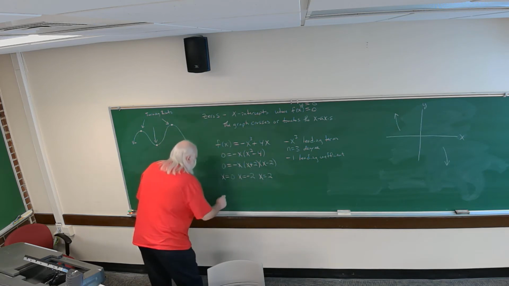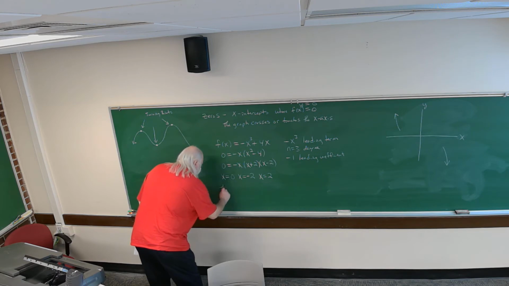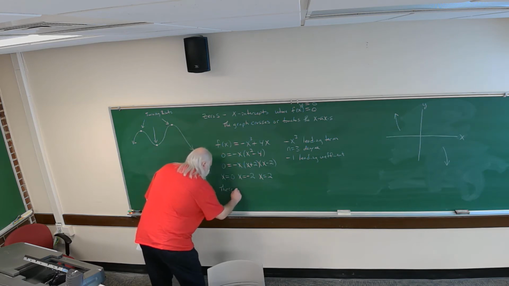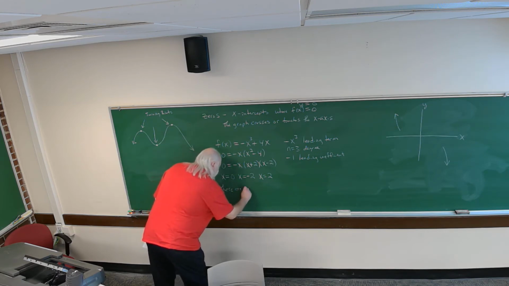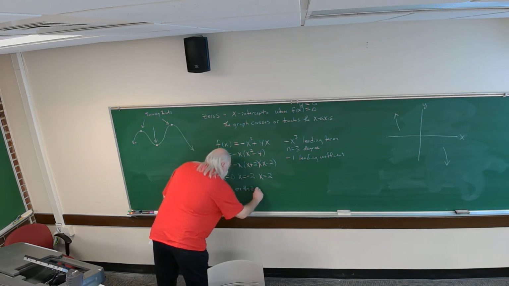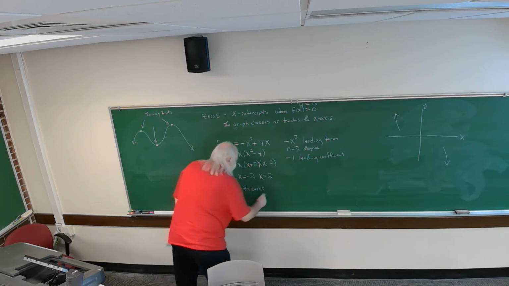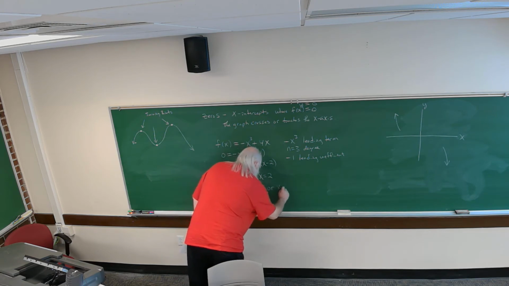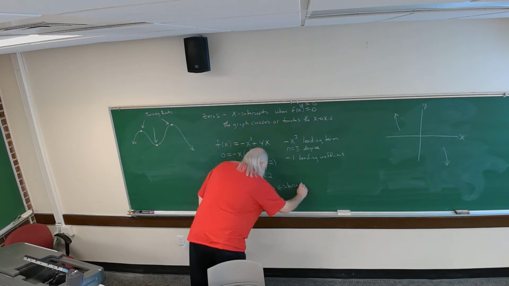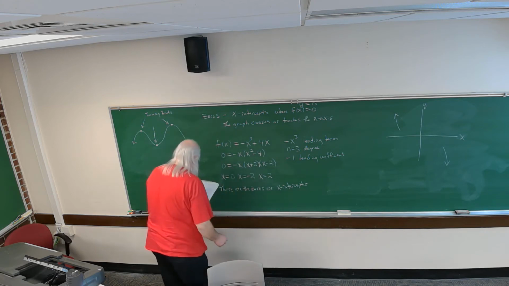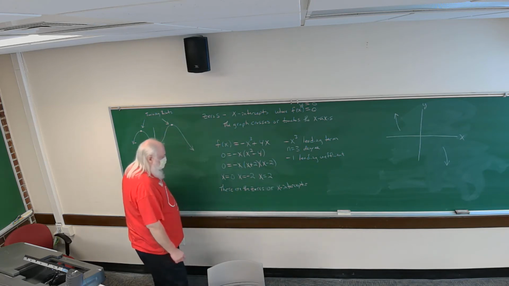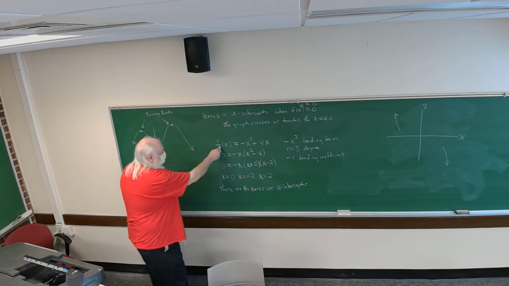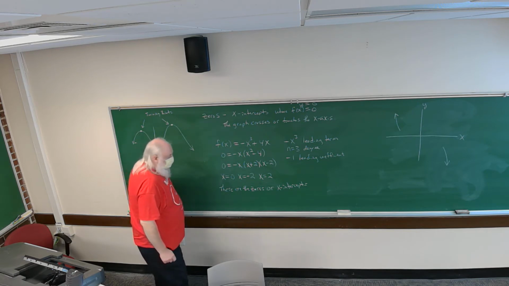Okay? So these are the zeros or x-intercepts of f of x, of this polynomial function.